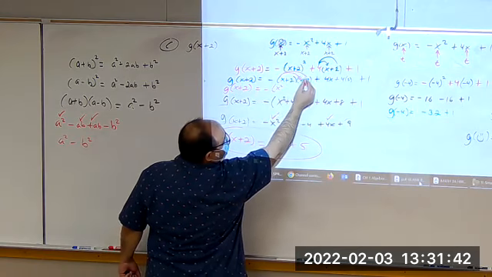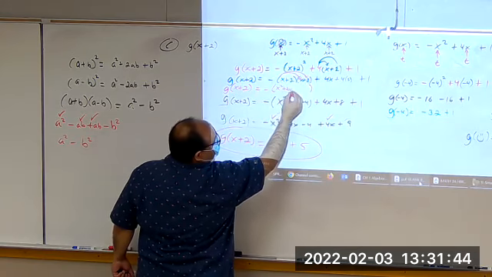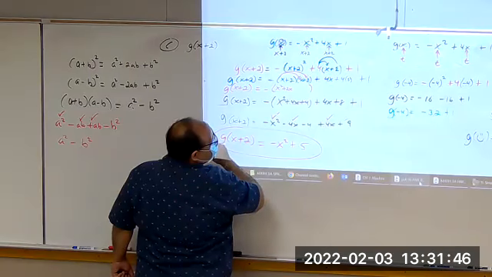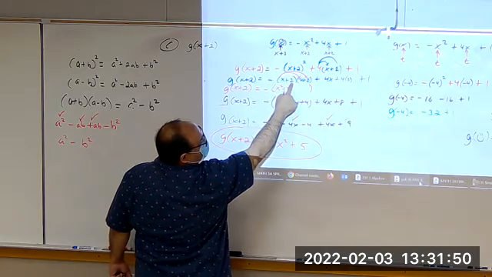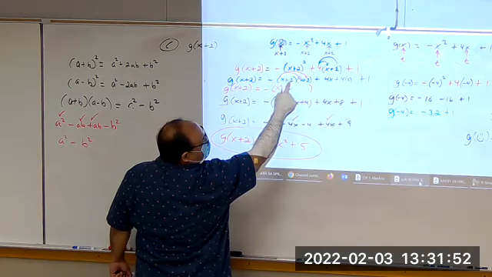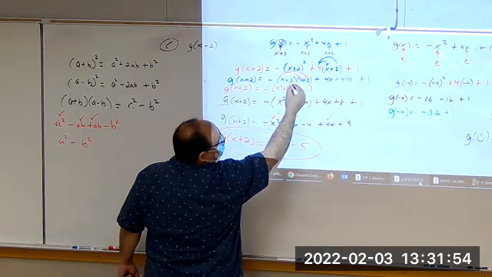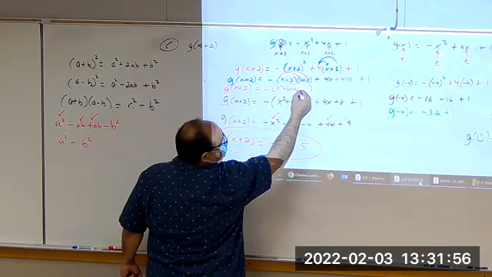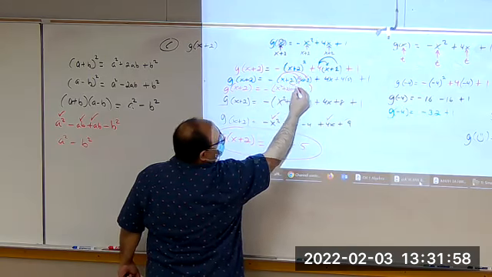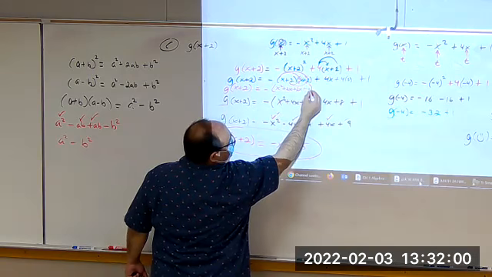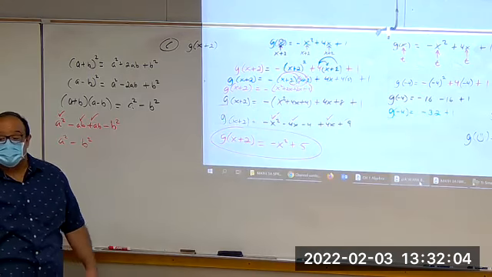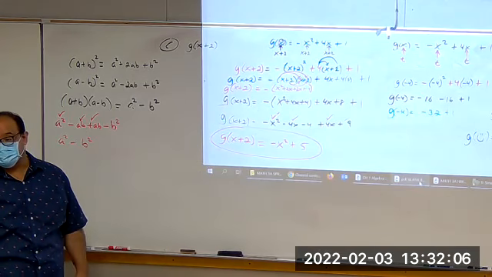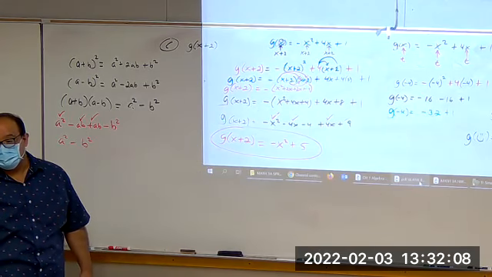This x times the 2 is a plus 2x. So we're done with the distribution of x. Now we distribute 2. A positive 2 times x is a plus 2x. And then a positive 2 times 2 is a positive 4. That's how I got the inside of the parentheses. I just didn't want to see that part.